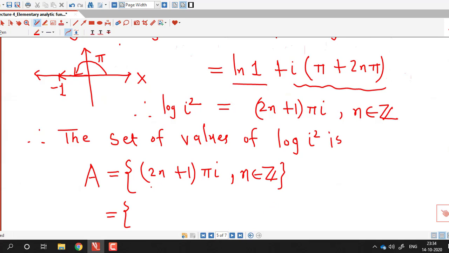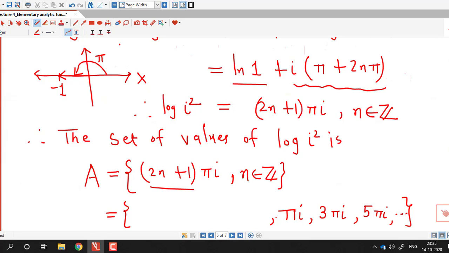Suppose I take n equal to 0, I will obtain pi I. For n equal to 1, I will have 3 pi I. For n equal to 2, I will have 5 pi I, and for n equal to 3, I will have 7 pi I.